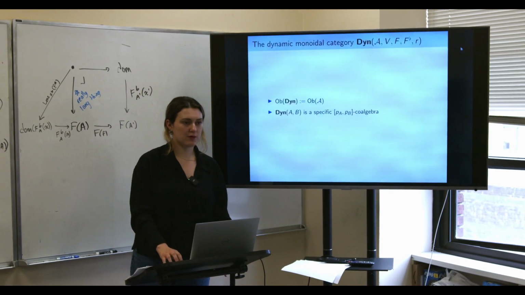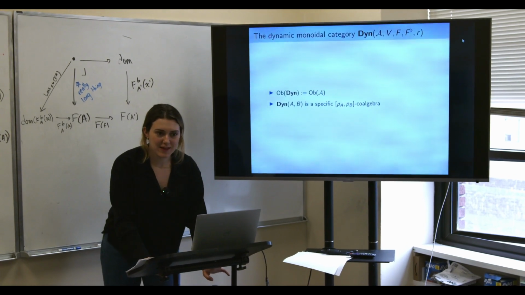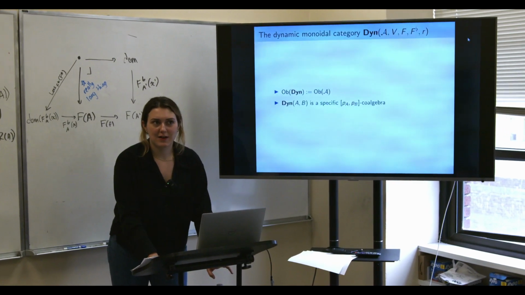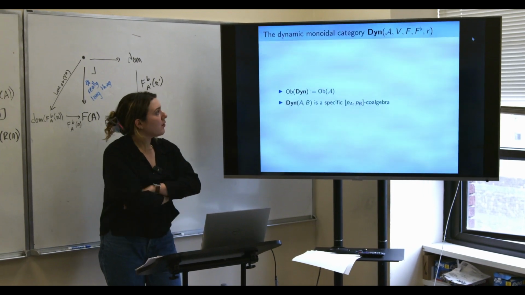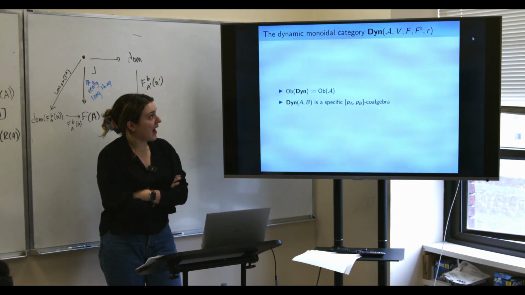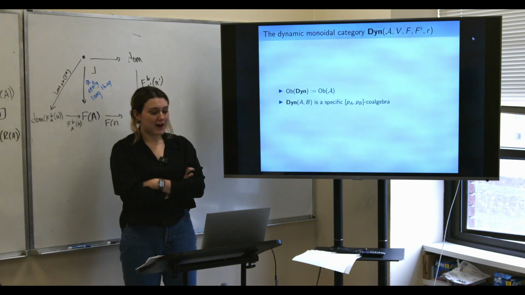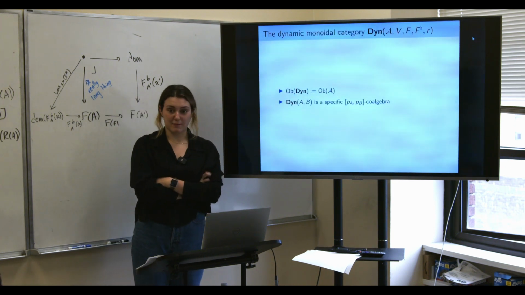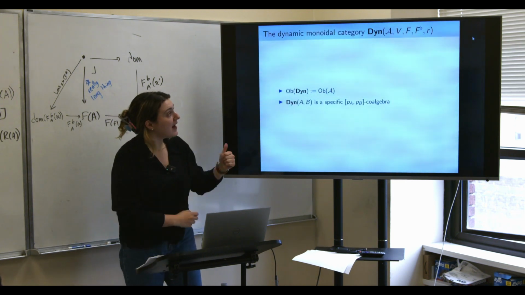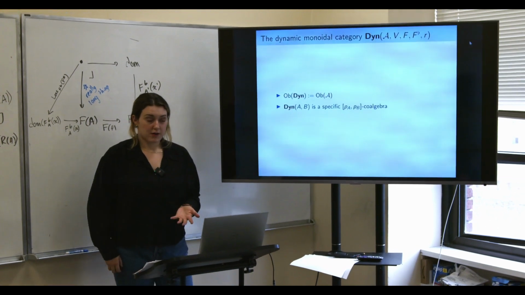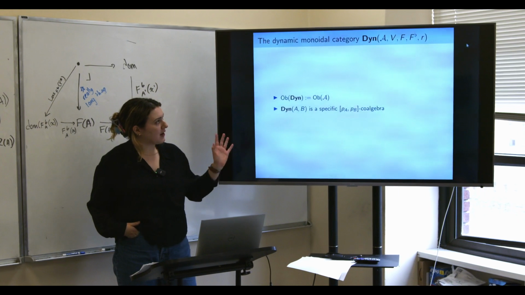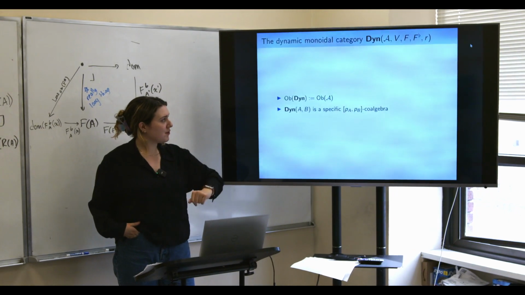Okay, so with all of our setup in place, and aware that I'm not entirely sure how much time I have because of when we started, let's define our dynamic monoidal category. So already we can see that this depends on a lot of moving parts. It depends on A, V, F, F flat, and R. So first of all, we're going to essentially always suppress those moving parts.